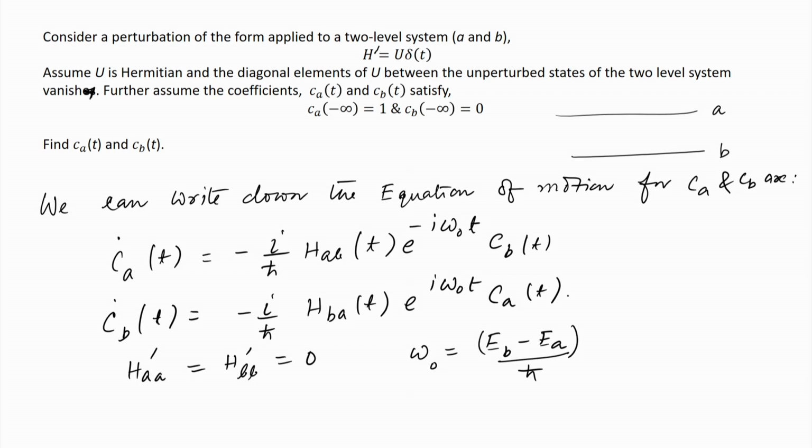Now, one thing you should keep in mind is that the time part of the perturbation, h prime of t, is u delta t. There are various definitions of delta t that can be used. Here, we use a rectangular approximation for delta t.